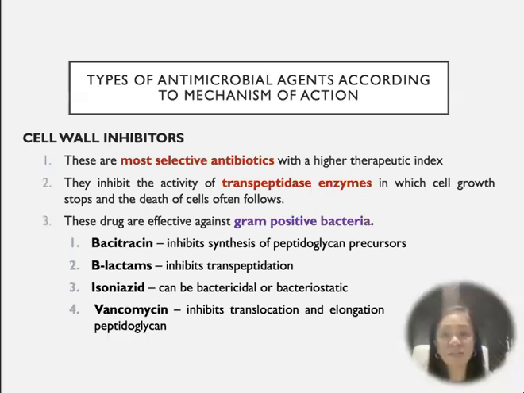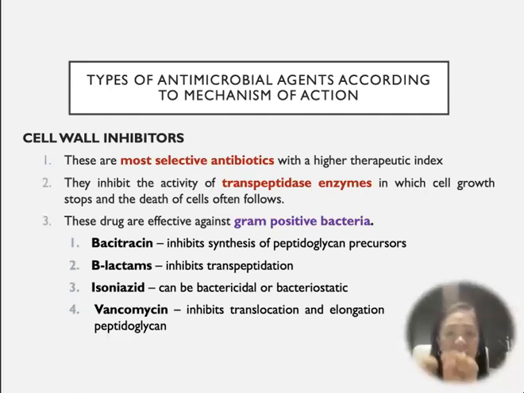Recall, the bacterial cell wall has peptidoglycan. And peptidoglycan is divided into NAM and NAG, your N-acetylmuramic acid and your N-acetylglucosamine. Those are the two components of bacterial peptidoglycan.